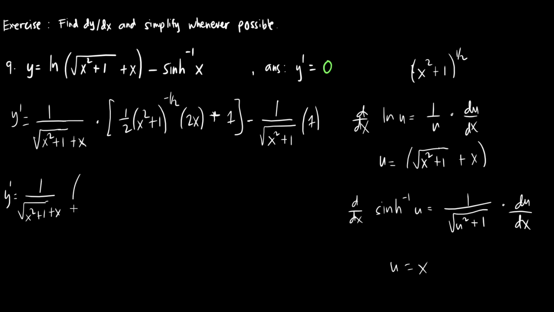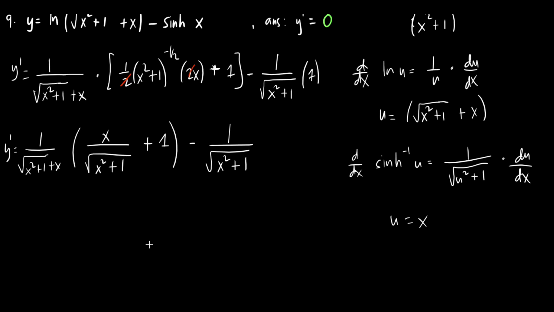We will cancel these two. So the remaining will be x all over the square root of x squared plus 1 plus 1, and then minus 1 all over the square root of x squared plus 1.